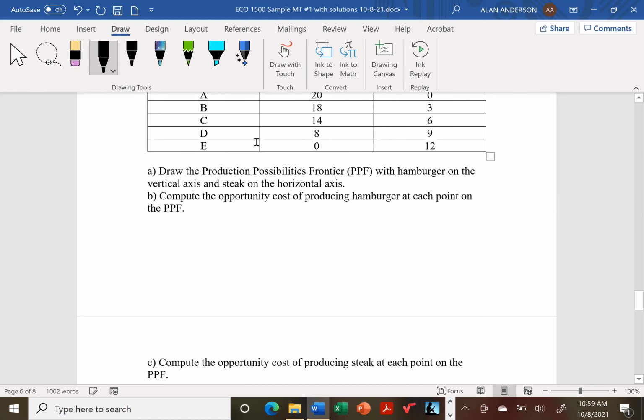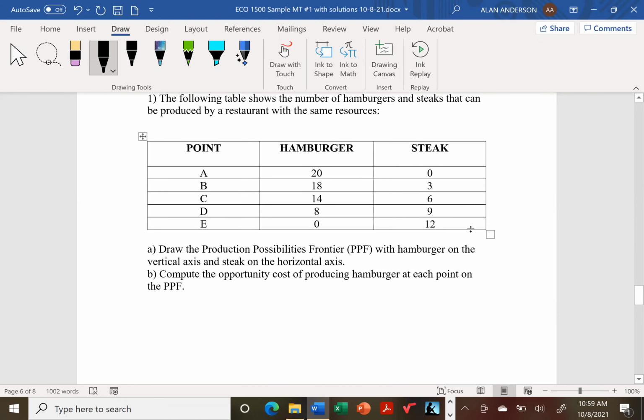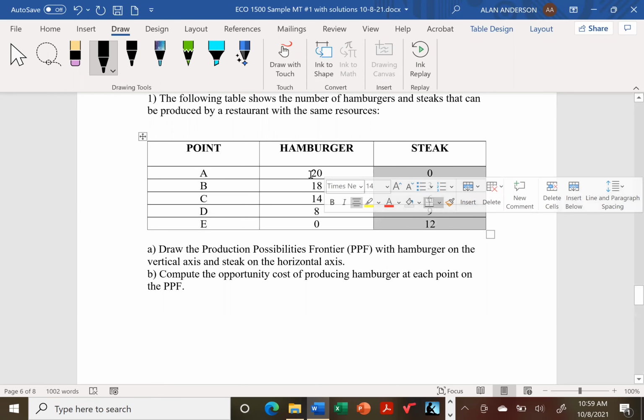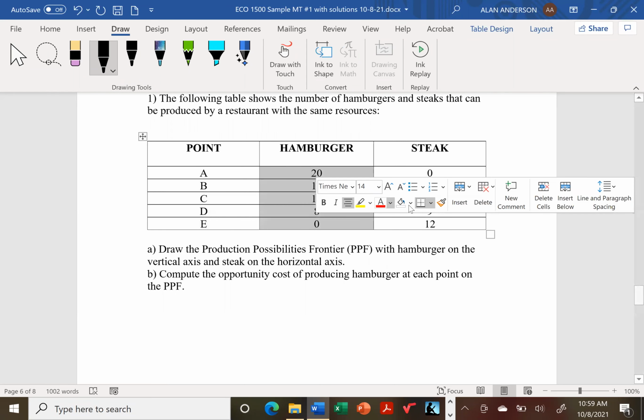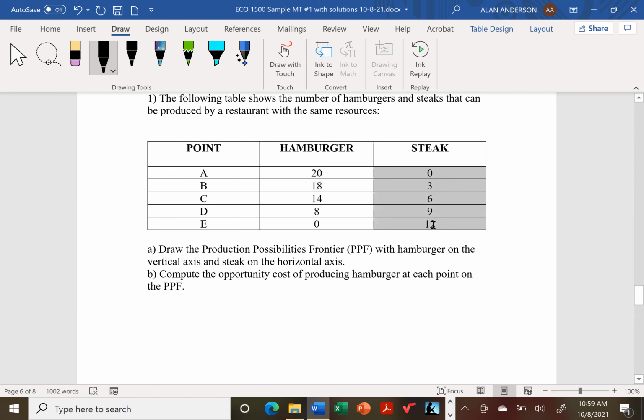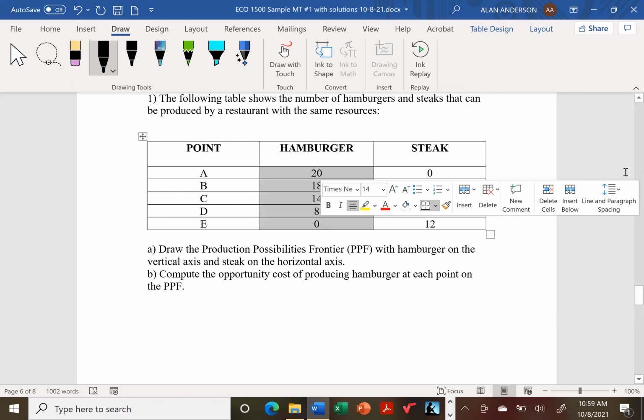The important thing, though, is if you look at it carefully, you'll notice it's clearly not a straight line. How can you tell? Because while we keep giving up the same amount of steaks as we move down from A to E, 0, 3, 6, 9, 12, we don't give up, or actually, what I should say is we keep gaining the same amount of steak, but we don't sacrifice the same amount of hamburgers.